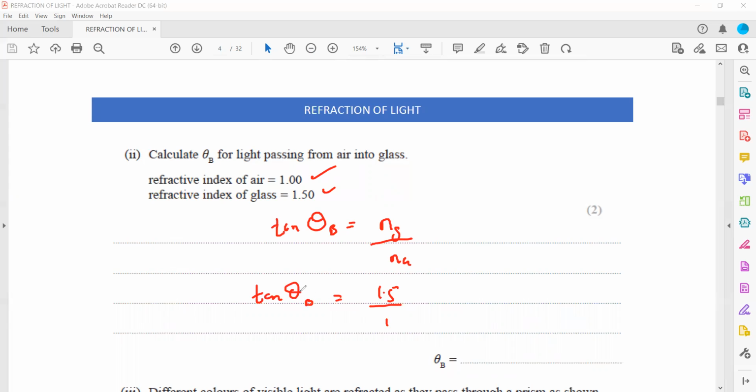But we need theta only, so theta_B is equal to tan inverse 1.5. So we'll take the inverse tan of 1.5. And remember, the mode of your calculator should be in degrees. So it will give us 56 degrees. That's the angle. So we just use the formula and work out the angle.